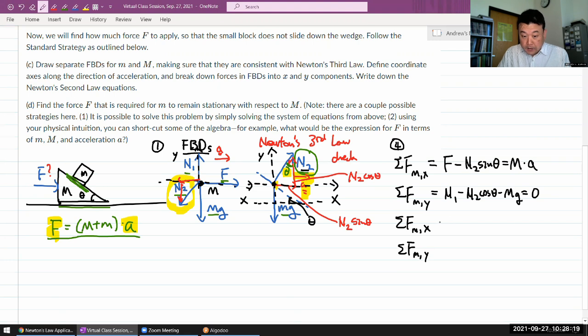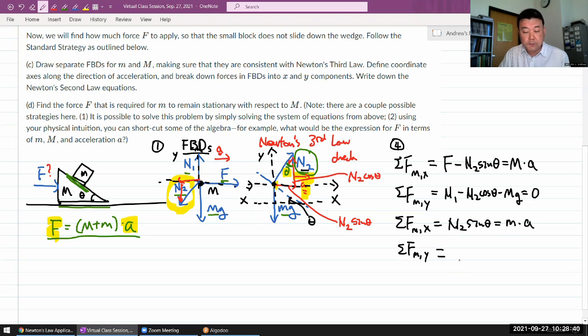Okay, let me write this down for the small block. So horizontally, oh, there's only one force, n2 sine theta. That's the entirety of the horizontal force for the block. That should be equal to small m times acceleration.